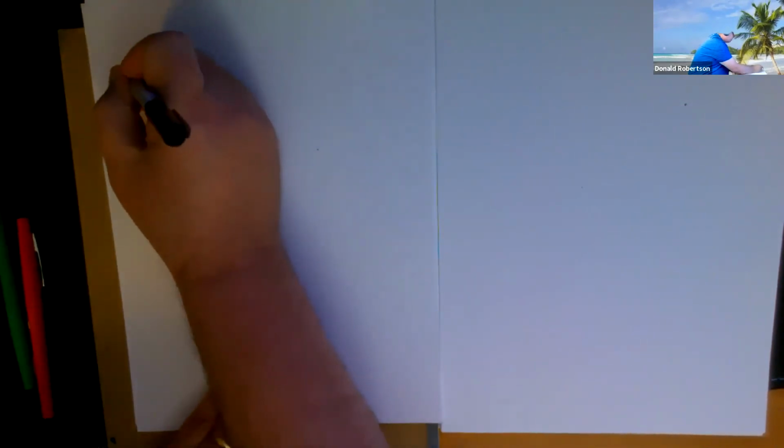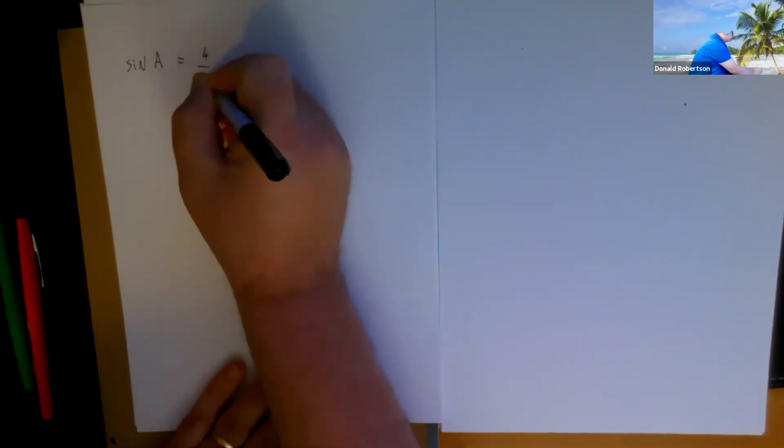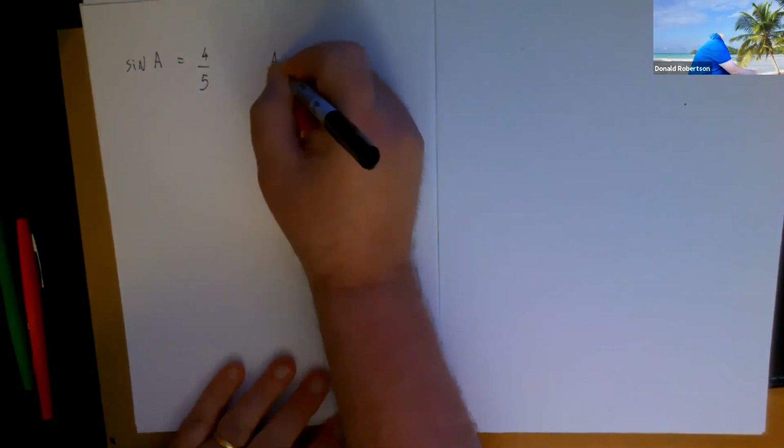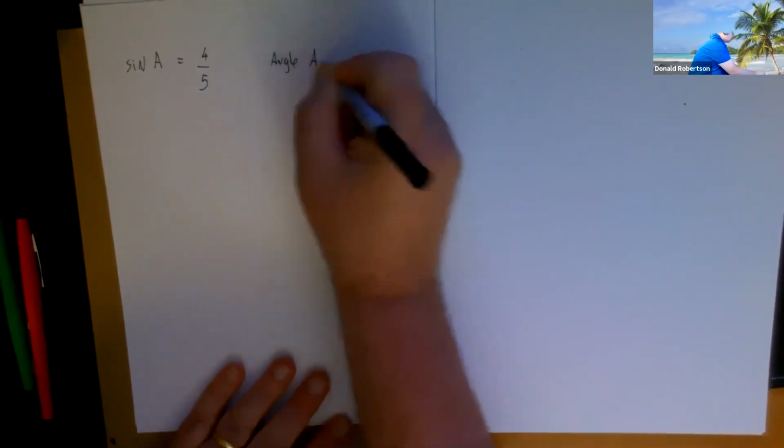Right, the last version of this type of question is going to be a kind of bigger version of the same idea. Sine of A is 4/5. And angle A is going to be in the first quadrant.